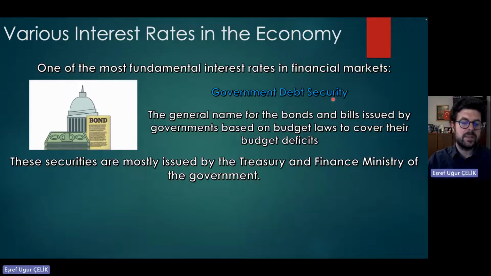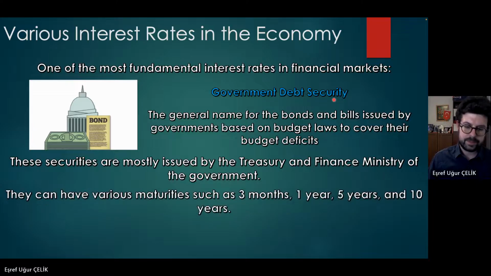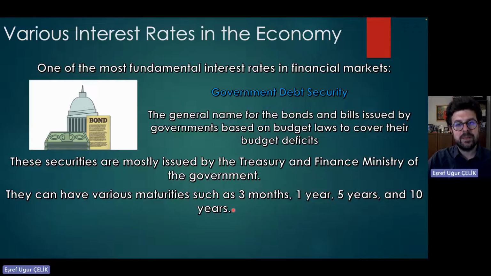In English, government debt security. That government debt security has many maturities, like you can see over here, 3 months, 1 year, 5 years, or 10 years, okay? So the question is over here. What's your demand? What can you choose? 3 months, 1 year, 5 years, and 10 years. Myself, I mostly focus on 3 months or 1 year.